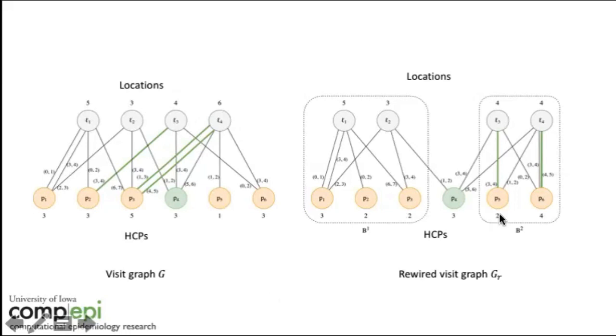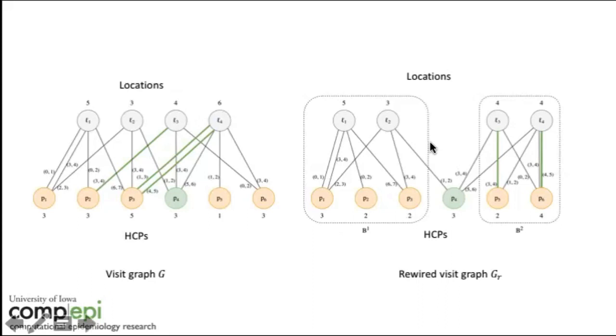On the right, you see what we call a rewired graph that's obtained from the visit graph on the left. Here we try to rewire edges of the graph so that most of the edges in the rewired graph remain within the 2 bubbles that I've shown. And of course, the goal is that we want most of the care to happen within these bubbles.